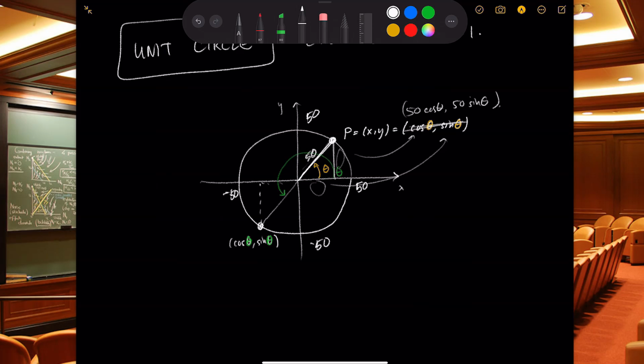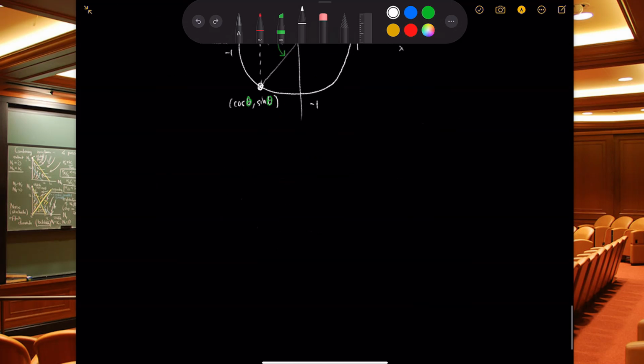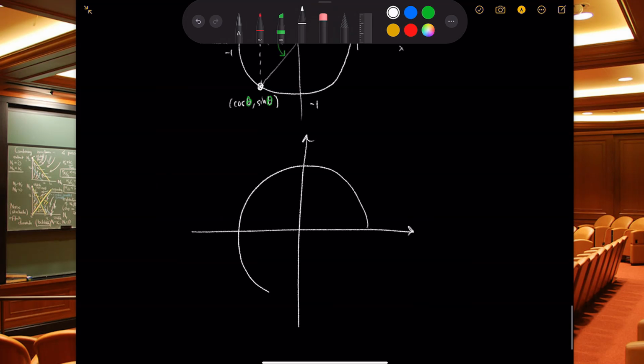And since I made up that number, that radius of 50, this works for any radius that I might want to make up. All right, so let me backtrack here and do it in general. If I'm out some radius here, r, and it's not just a unit circle, it's a circle of radius r.